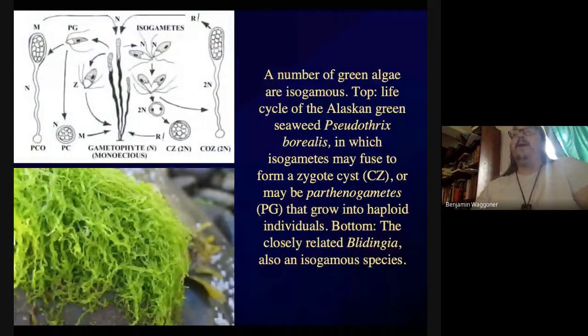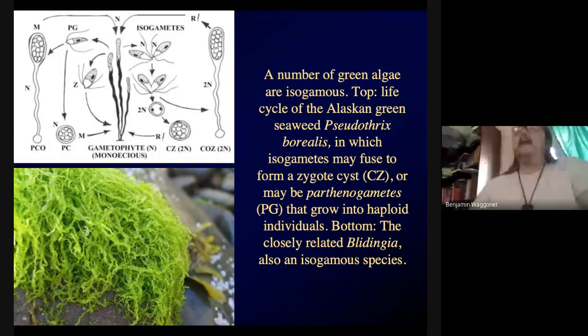So just by way of example, this happens to be the life cycle of an Alaskan green seaweed. Isogametes in that top diagram, they are listed on the right-hand side of that diagram.